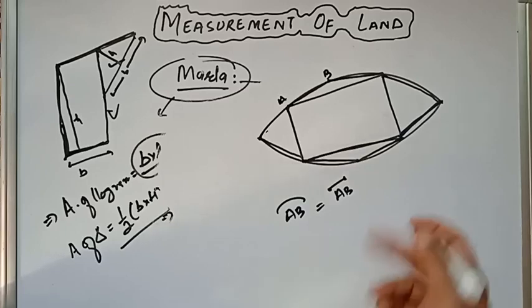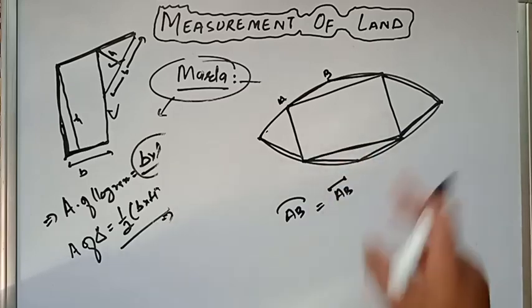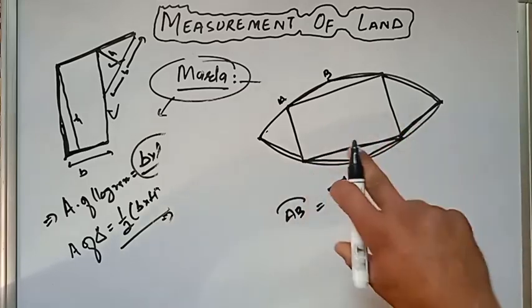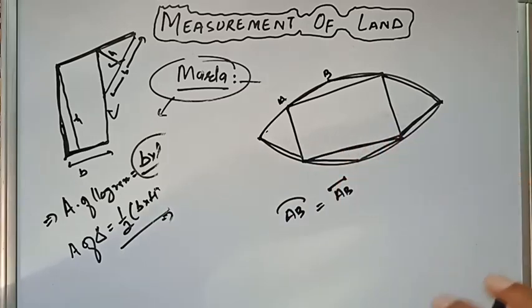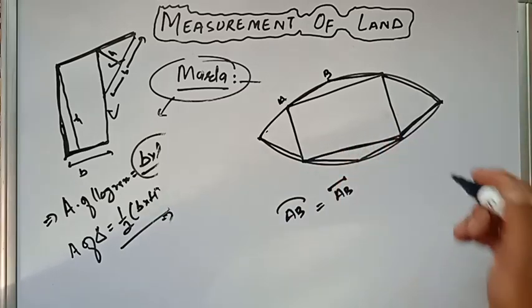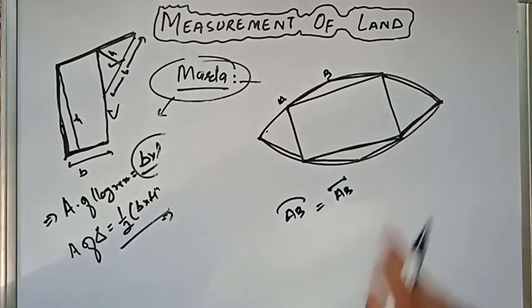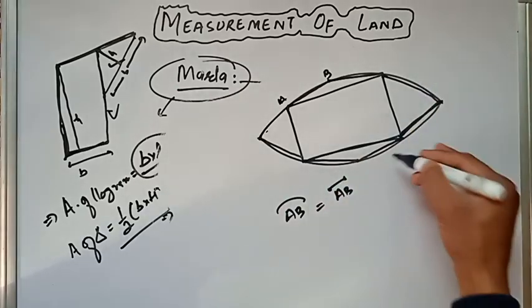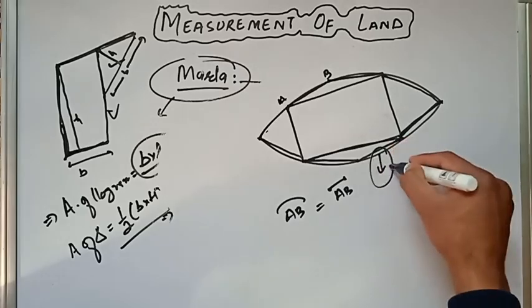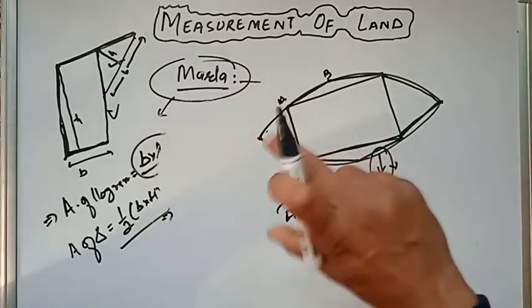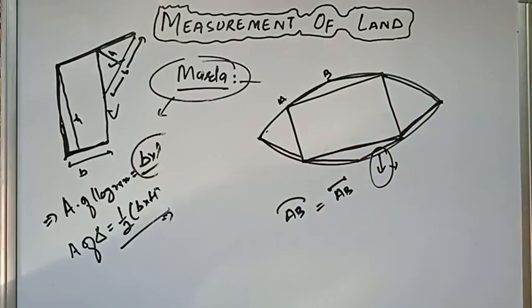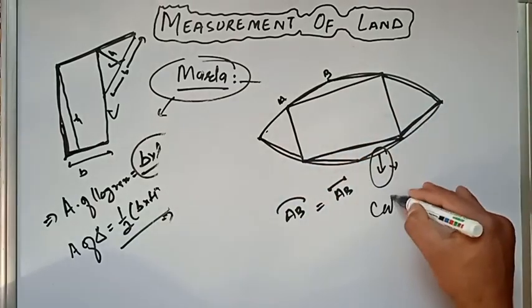Then you can find the area of this plot by using the formula of triangle, rectangle, trapezium, parallelogram, etc. Otherwise we cannot find the exact value of the area for these types of figures. The answer to these types of problems is given by another branch of mathematics known as calculus.